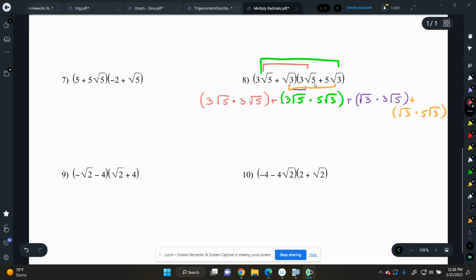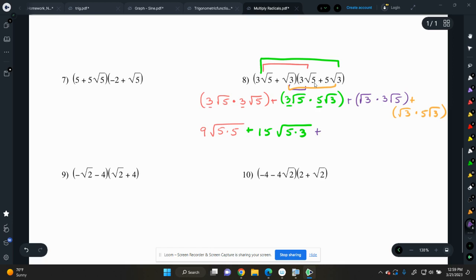Okay, so all we did was write out the distributing. The first parenthesis here, we're going to do the outside. 3 times 3 is 9 times the square root of, combine the inside, 5 times 5. We'll come back later and simplify that. Plus the outside, we have 3 times 5 is 15 times the square root of 5 times 3.